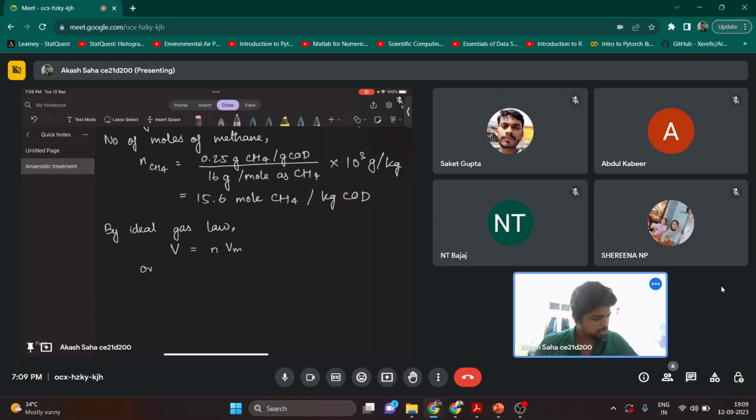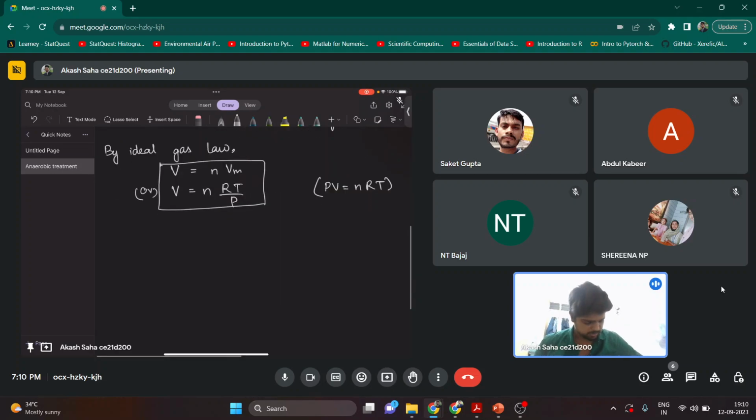Or the total volume can also be found out from PV equals nRT, the universal gas law equation. So it will be equal to nRT by P. So by both of these equations, we can find out the volume of gas.